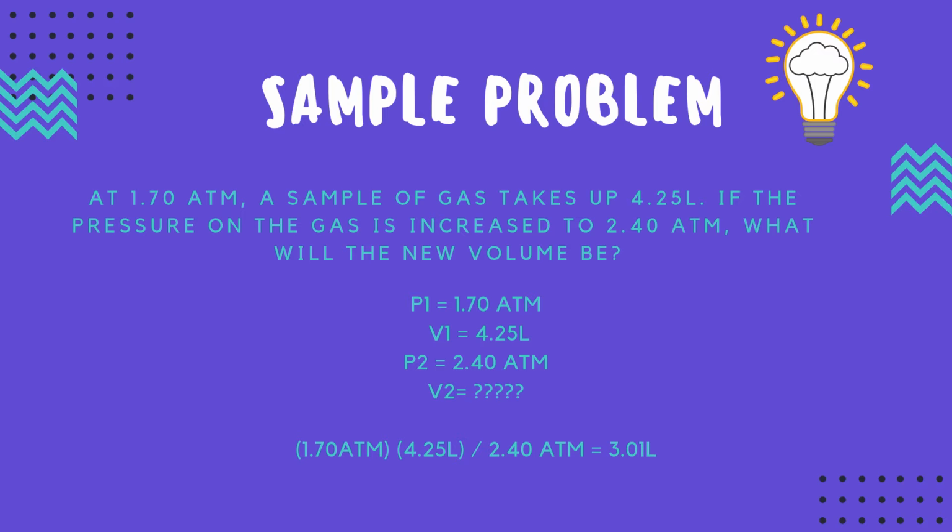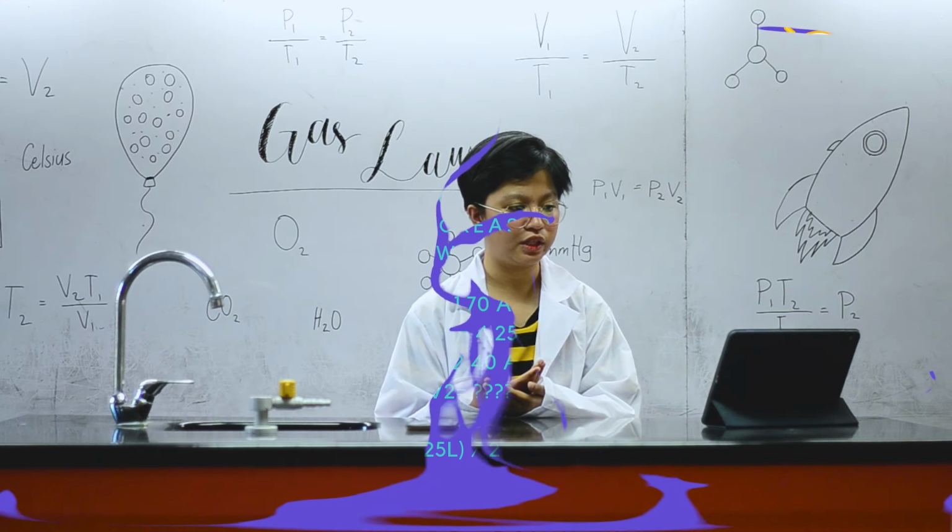We want to rearrange this and move P2 under P1 times V1, so it's going to be P1 times V1 divided by P2 equals V2. Plug in our numbers and do the math. First, 1.70 atmospheric pressure times 4.25 liters divided by 2.40 atmospheric pressure equals 3.01 liters. Therefore, our V2, or the after volume, is 3.01 liters.